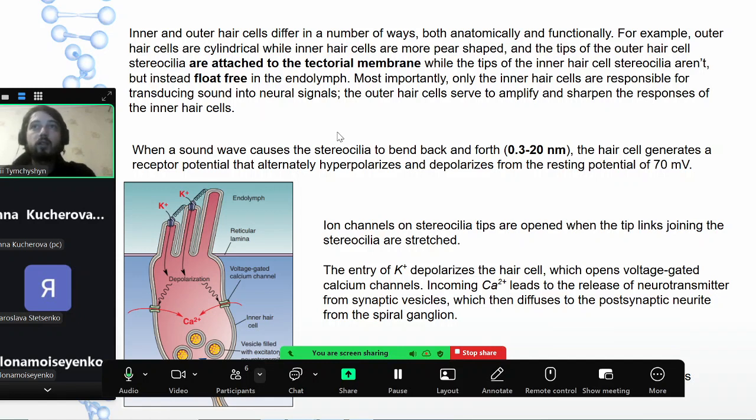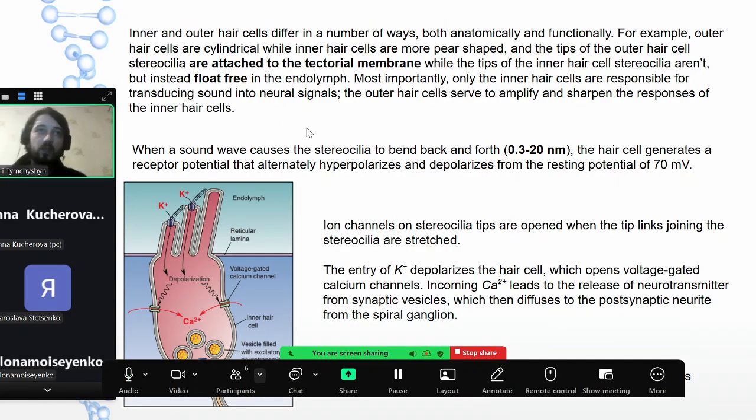Most importantly, only the inner hair cells are responsible for transducing sound into neural signals. The outer hair cells amplify and sharpen the response of the inner hair cells.